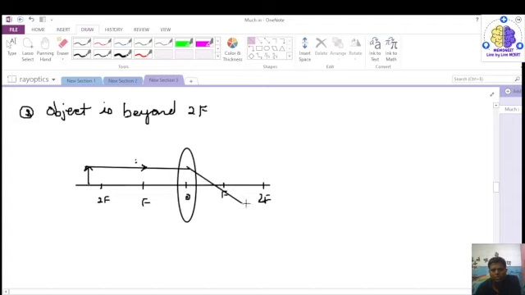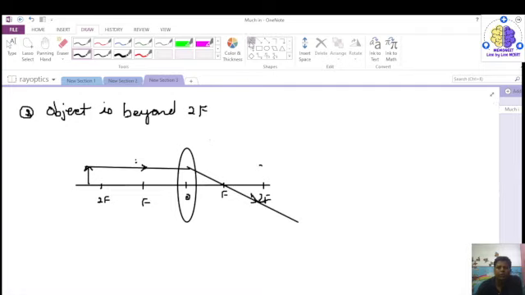So it is passing through the focus, right? Now the next ray we can take is a ray passing through the focus.